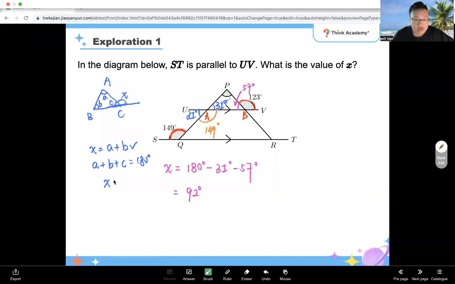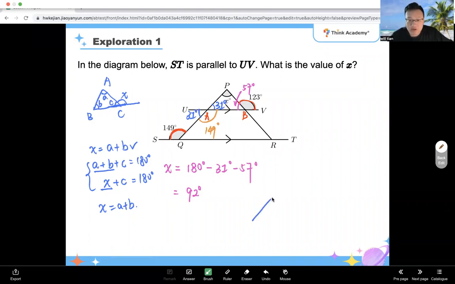If we compare these two, A plus B plus C is 180, X plus C is also 180, so X equals A plus B. In conclusion, the exterior angle of a triangle equals the sum of the other two interior angles.